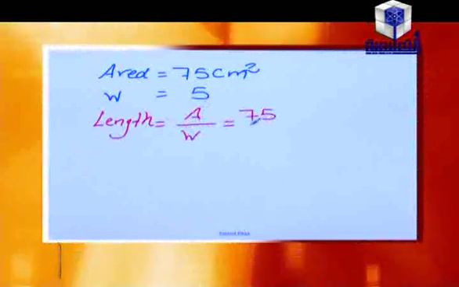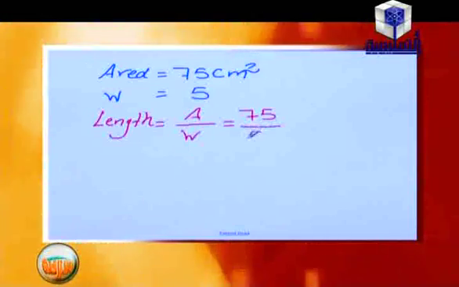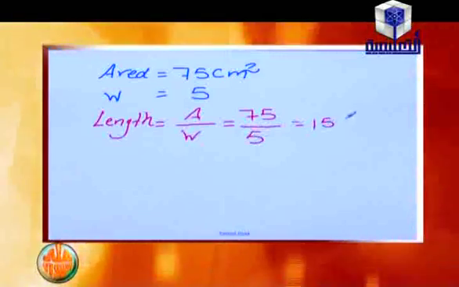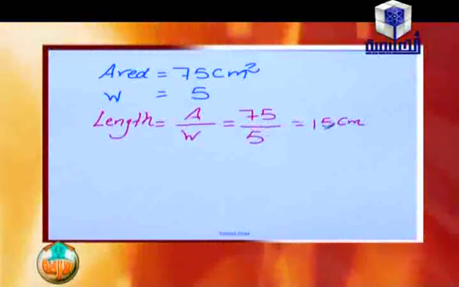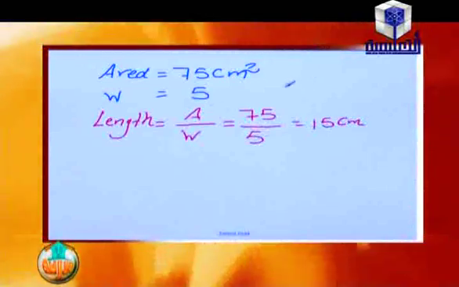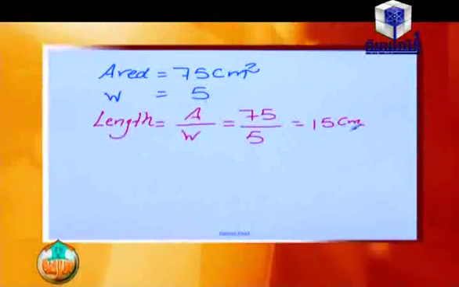So length equals 75 divided by width, which is 5. Then the answer will be 15 centimeters. So area equals 75, width equals 5, and length equals 15 centimeters.